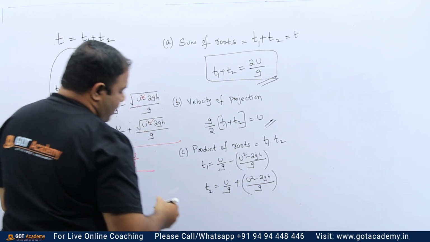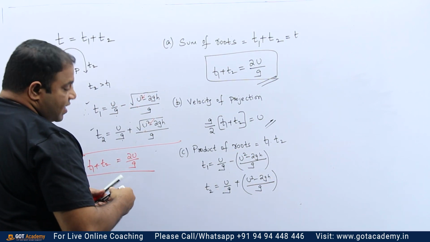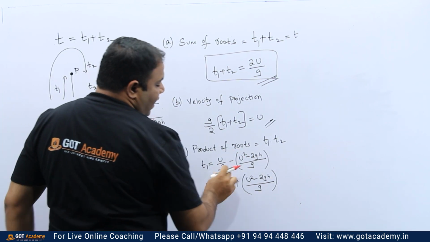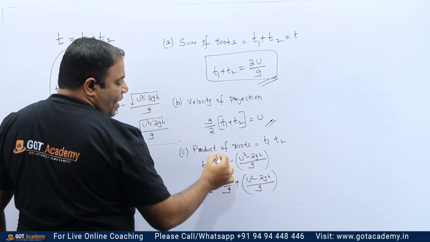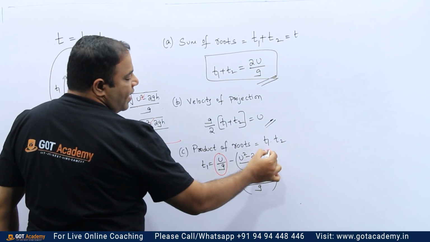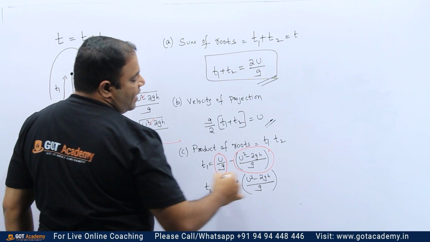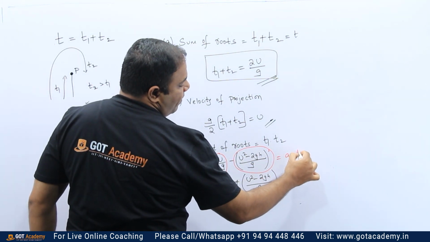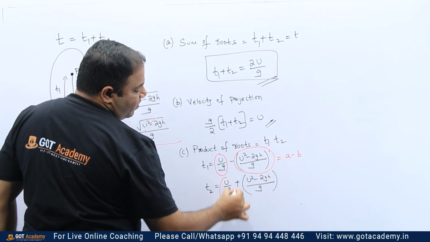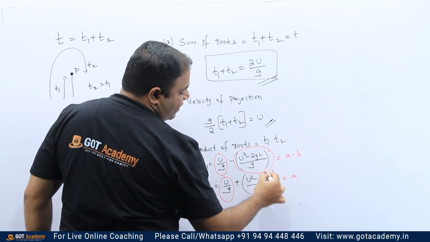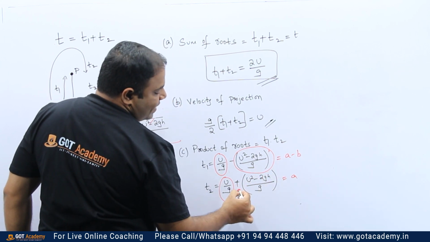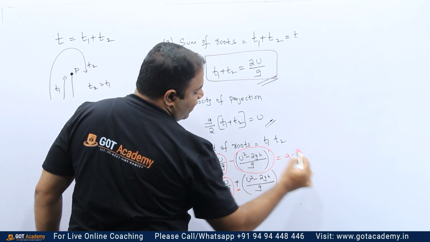For easiness, let us assume u by g as A and the square root part as B. So now it is in the form of A minus B, and the other is A plus B.